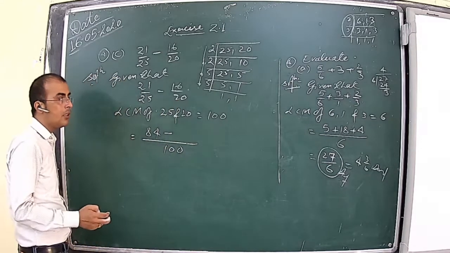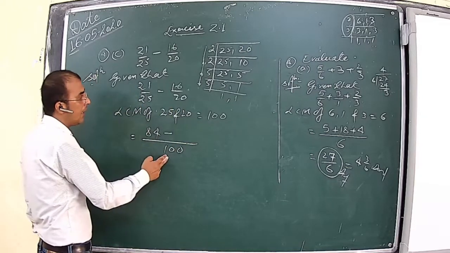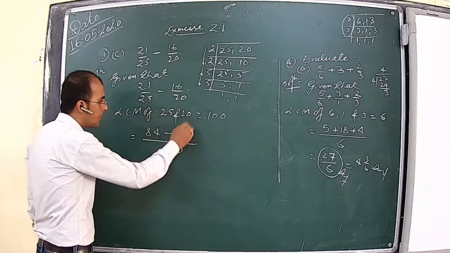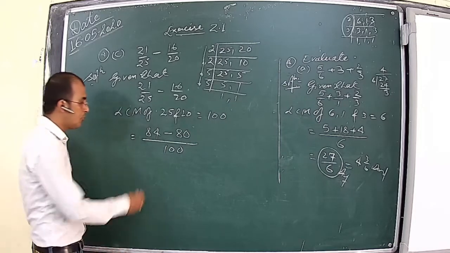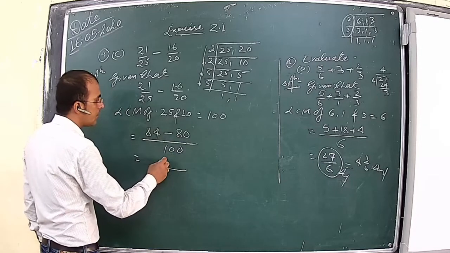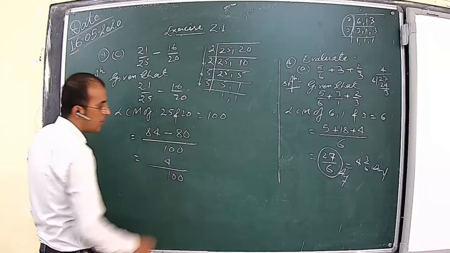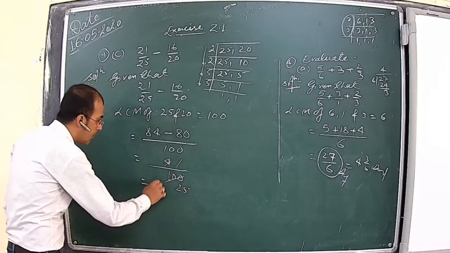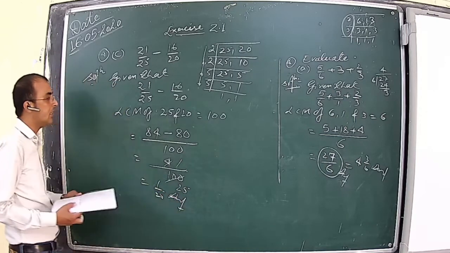This will divide, 20 times 5 is 100, and 16 times 5 is 80. Is it clear? You can see this is 80. Now subtract: 84 minus 80 is 4, over 100. In simplest form, 4 divided by 4 is 1, and 100 divided by 4 is 25. Its value is 1 by 25. Is it clear?